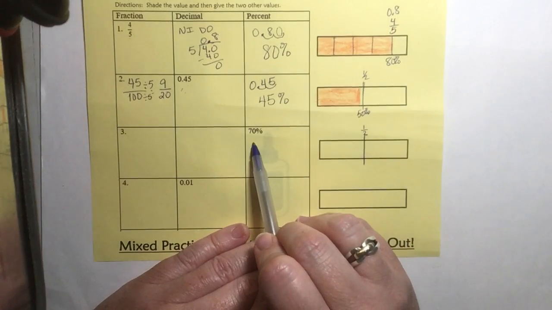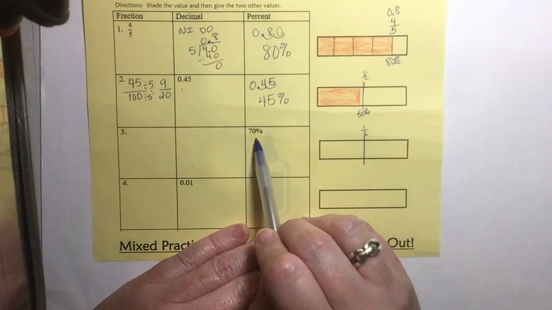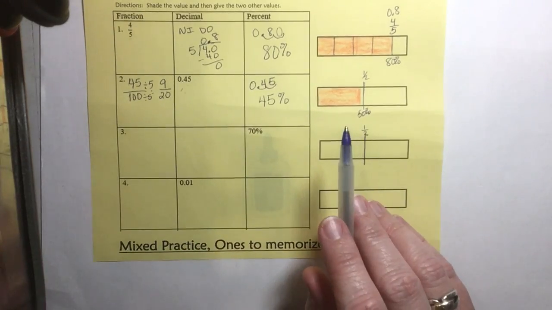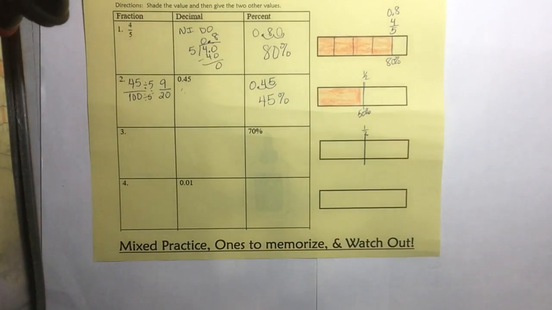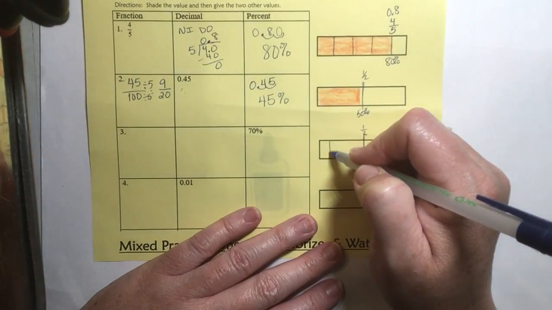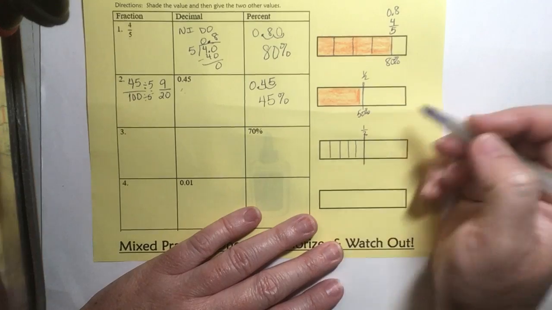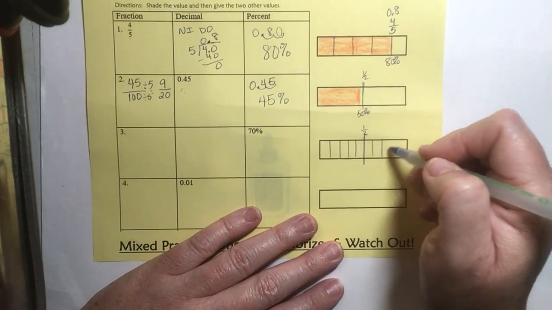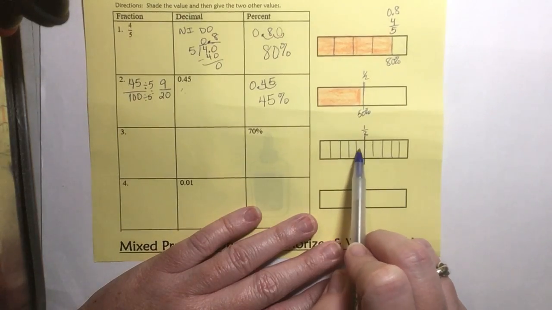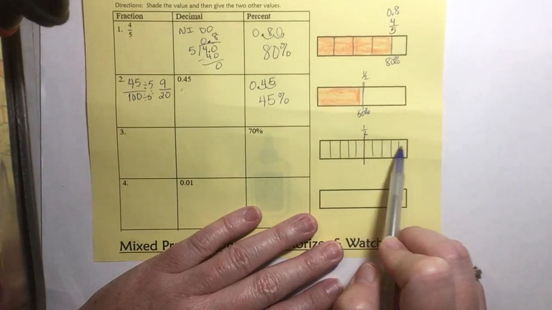And if this whole thing is 100%, we can break this up into tens, and each one will be 10%. Okay? So to do that, you put 4 lines over here, and then 4 lines over here, and then that gives you 10. So 1, 2, 3, 4, 5, 6, 7, 8, 9, 10.